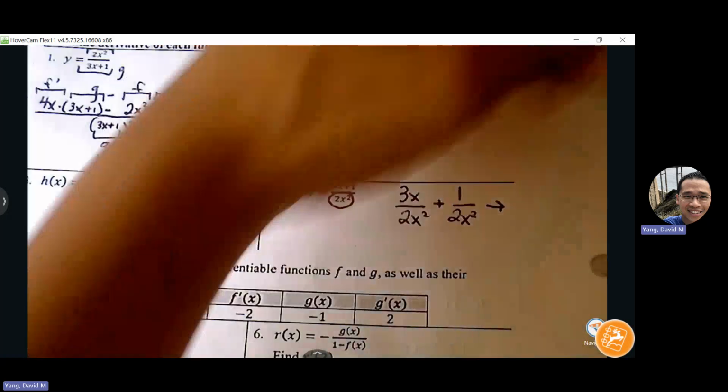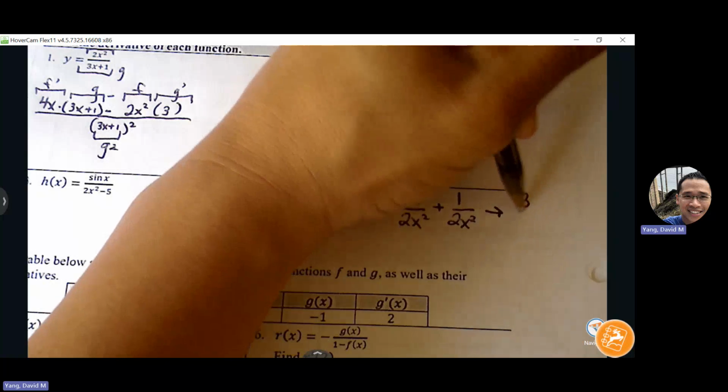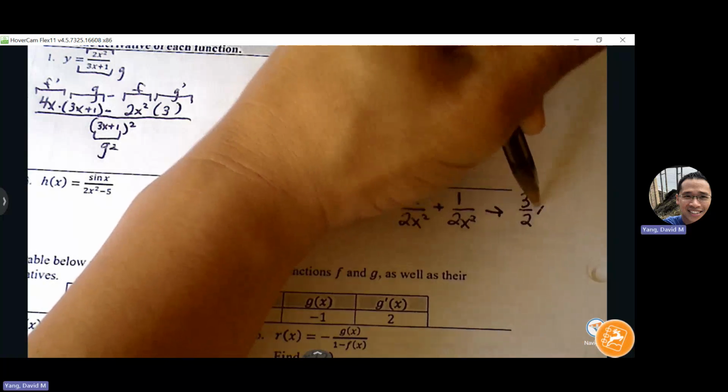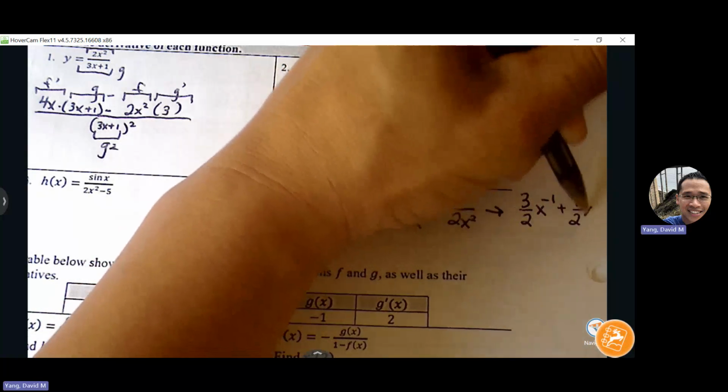And on the AP exam, the more efficient you can be, the more time you can save for other things. So in this case, let's say I want to go through power rule here, right? So I would clean this up. I would make this 3/2 x to the -1 plus 1/2 x to the -2.